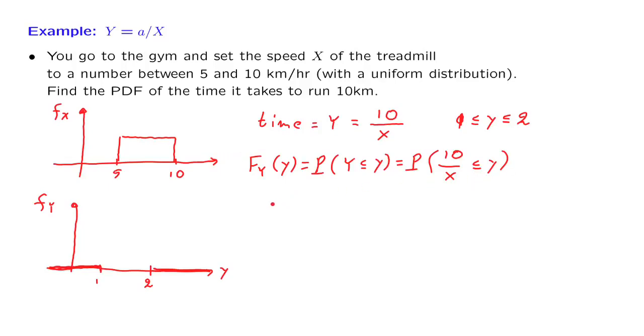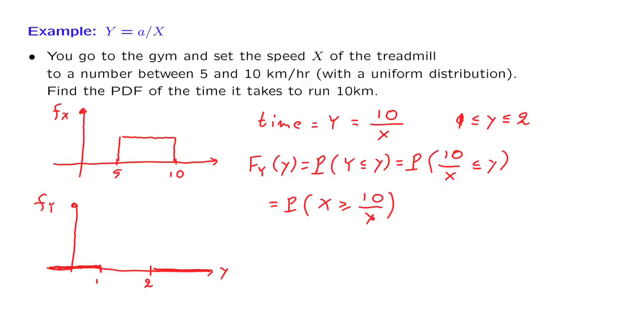Now we rewrite this event as follows. We move x to the other side. This is the probability that x is larger than or equal, after we move the little y also to the left-hand side, x being larger than or equal to 10 over little y.